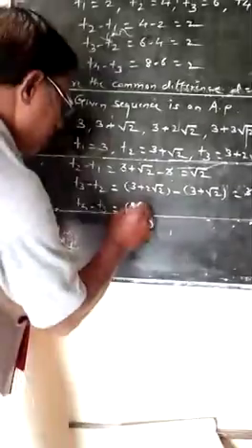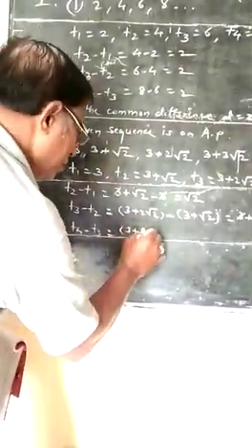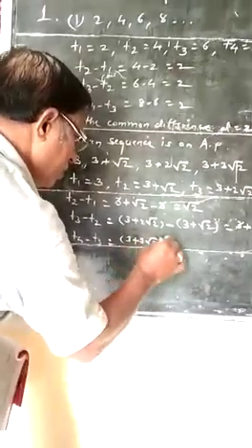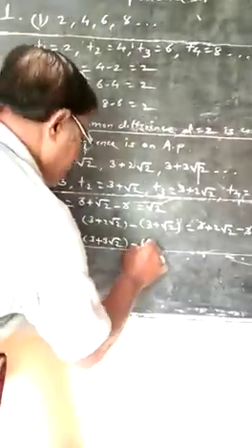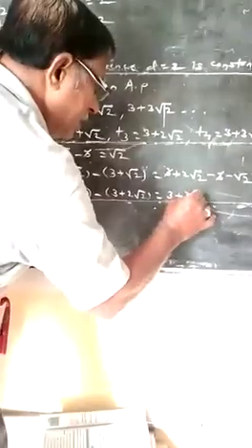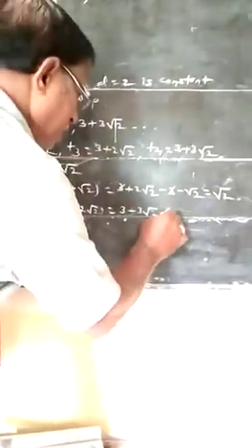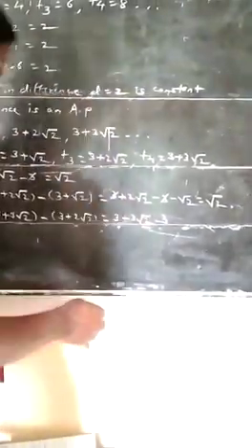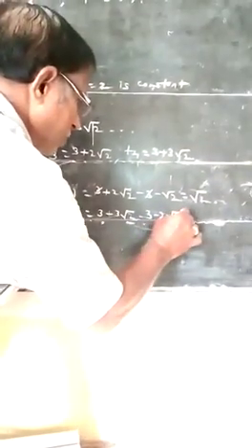Similarly T4 minus T3 is 3 plus 3 root 2 minus the bracket 3 plus 2 root 2, which is 3 plus 3 root 2 as it is, minus 3, the sign will be changed, minus 2 root 2. So 3 minus 3 cancel, 3 root 2 minus 2 root 2 is equal to root 2.